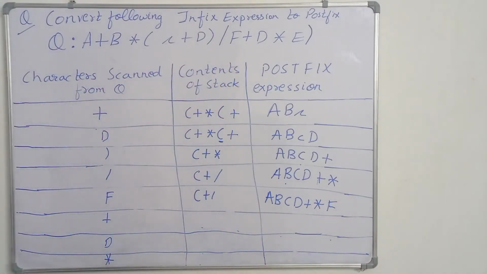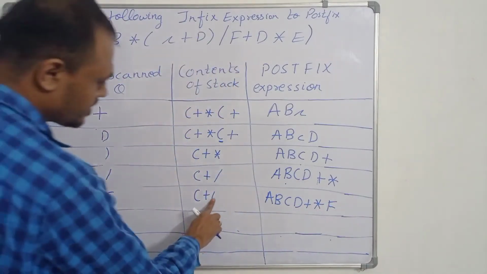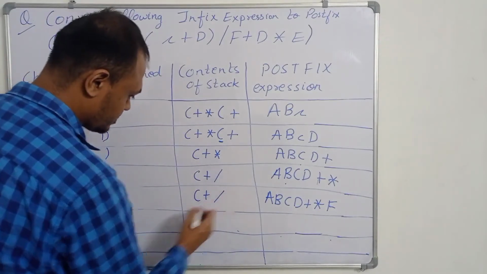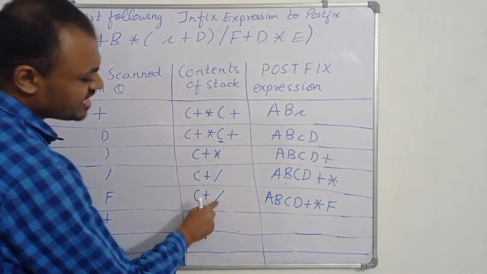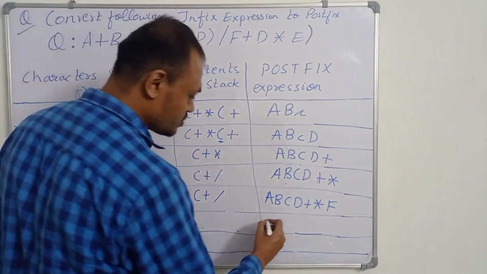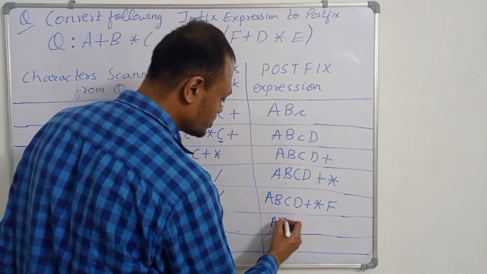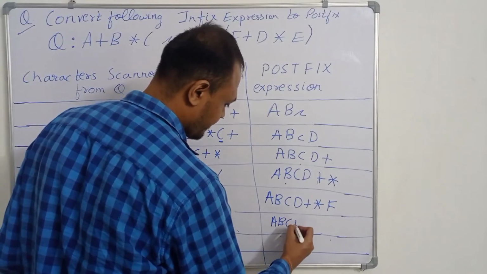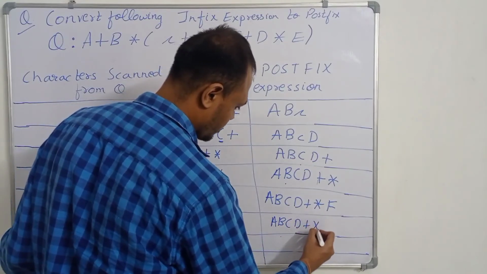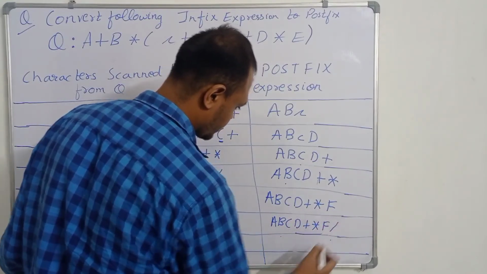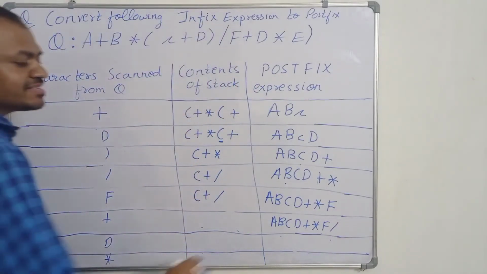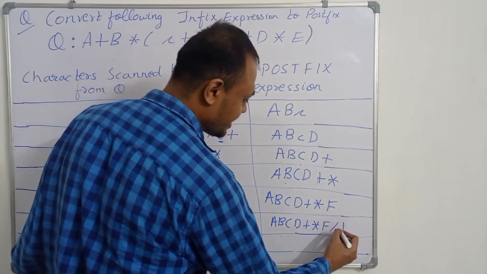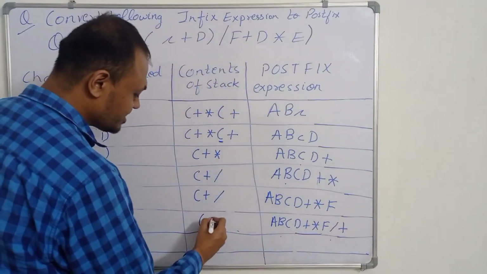Okay, so this is how we will proceed. Then we encounter the plus sign. Now this division has higher precedence than plus, so we will move the division to the postfix expression. Also this plus sign and this plus sign have the same precedence, so we will add one plus sign here. So the contents of stack will be this.